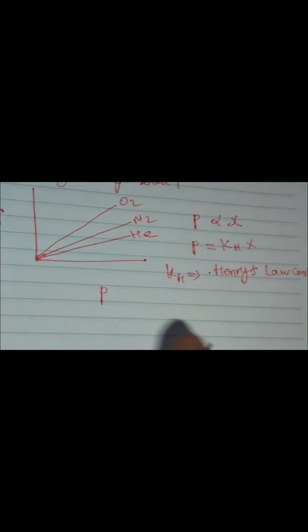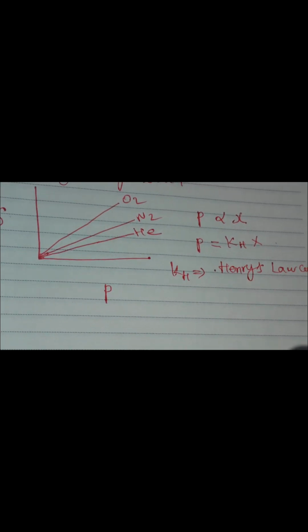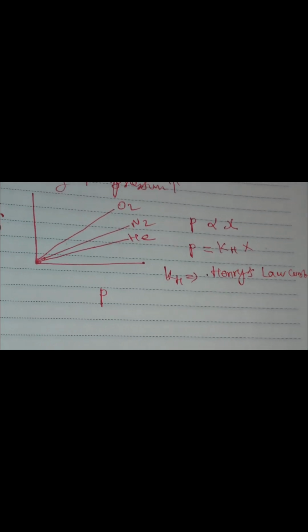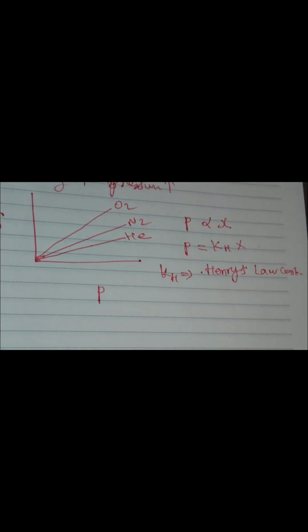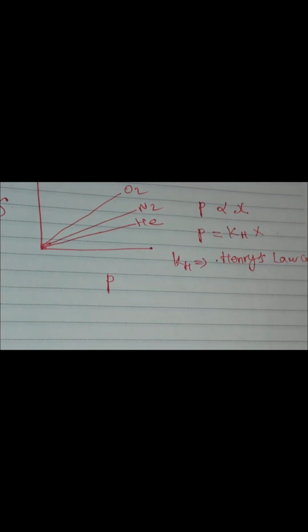Another graph shows the partial pressure of HCl in a solvent against the mole fraction of HCl. It is a straight line, which means we obtain a positive slope.